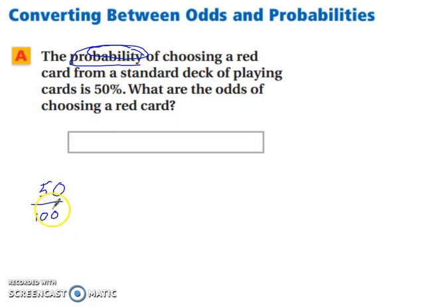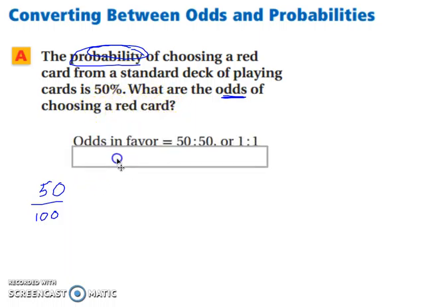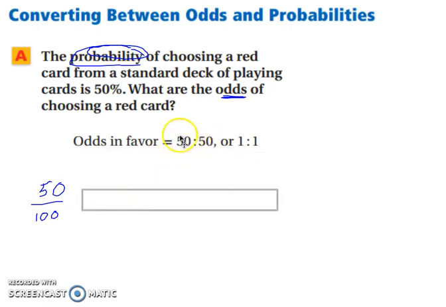So now when you try to write it as odds, you want a colon in between, and you want the part that's in favor and the part that's against. So the odds in favor are 50 and the odds against are 50, or it's a 1-to-1 for odds. Equally likely to have it happen as not.